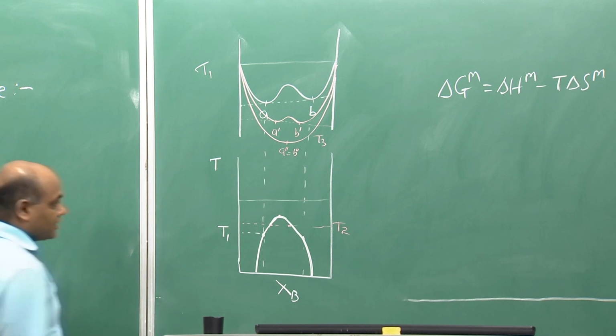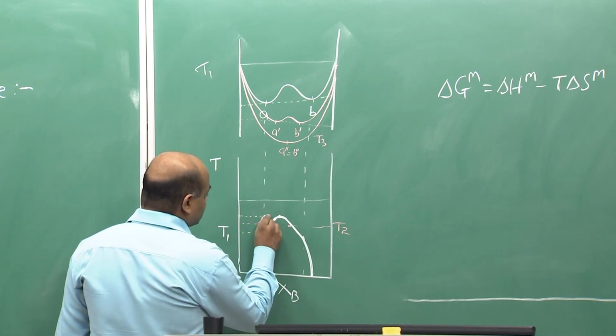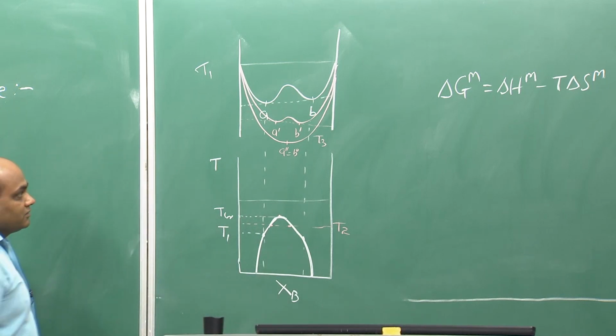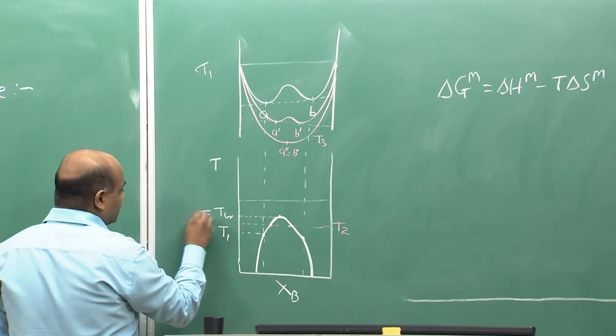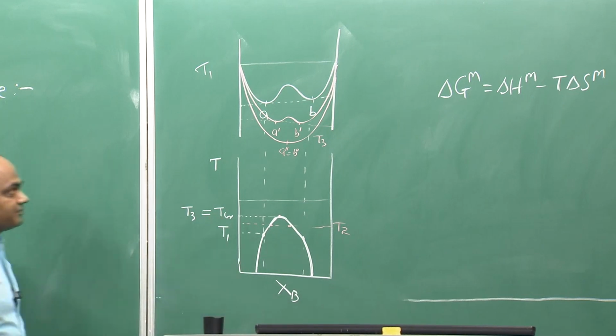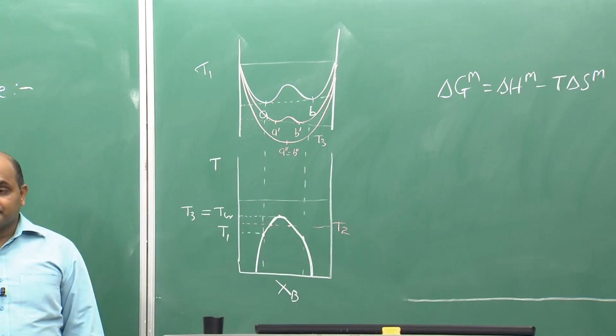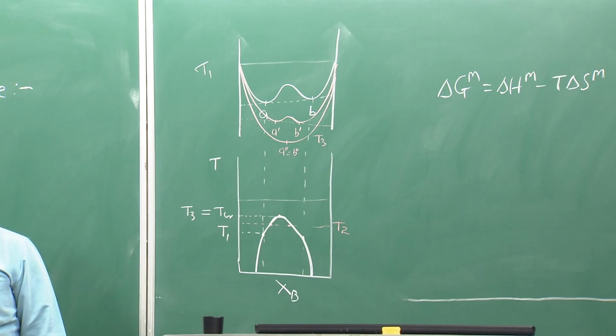So, beyond the critical temperature, so this is the critical point, this is the critical temperature, which in this case is T3, and the miscibility will be there again. Clear? Any doubt?